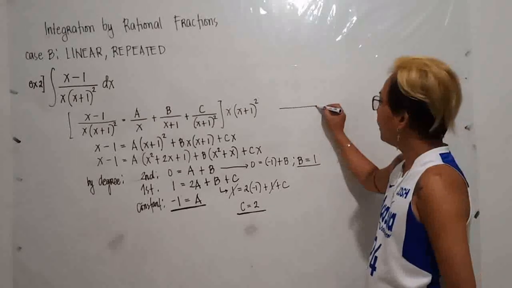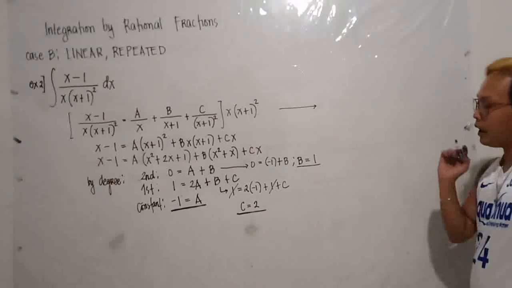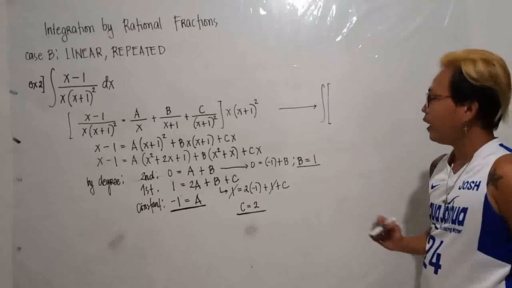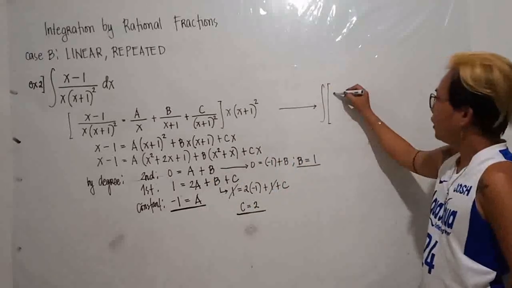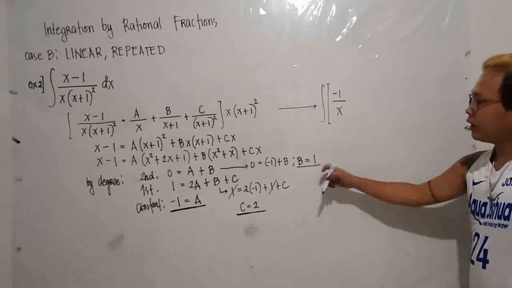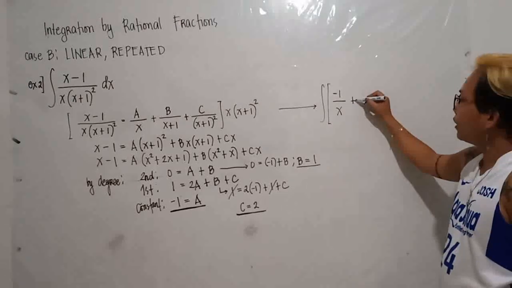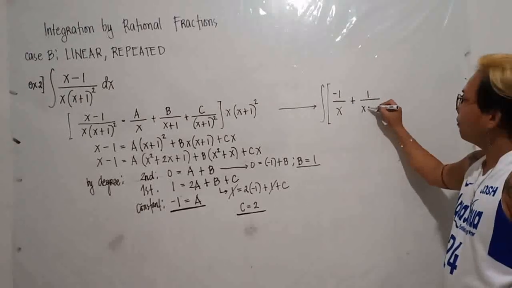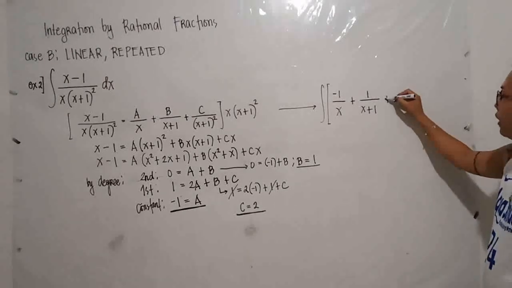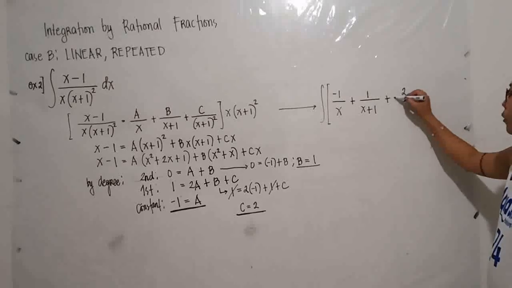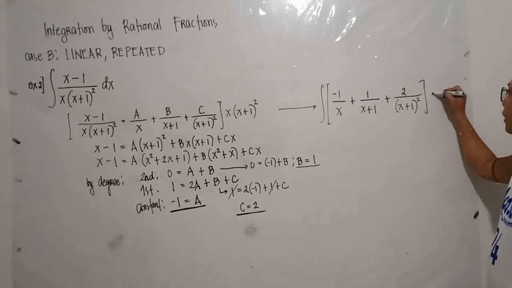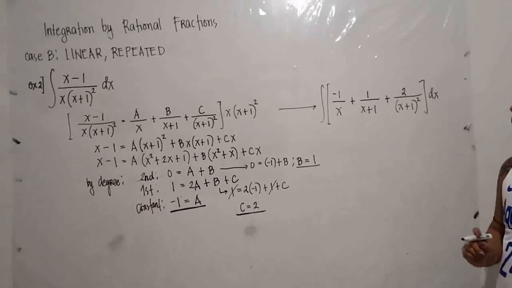So, applying the values of a, b, and c, you will now have the integral of a, which is negative 1. So, that's negative 1 over x. Then, pagdating sa b, you have positive 1. So, that's 1 over x plus 1. Then, pagdating kay c, that is plus 2 over x plus 1 squared multiplied to dx.